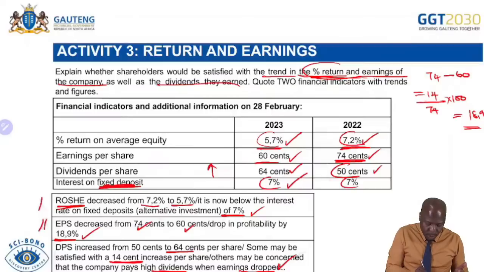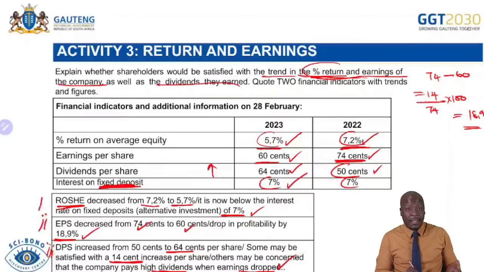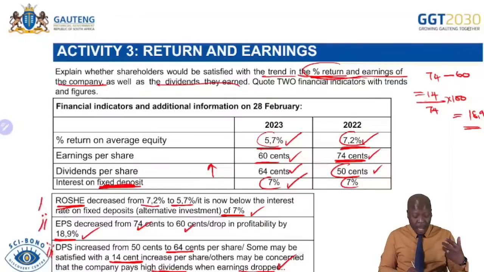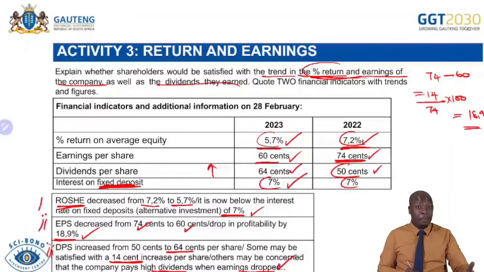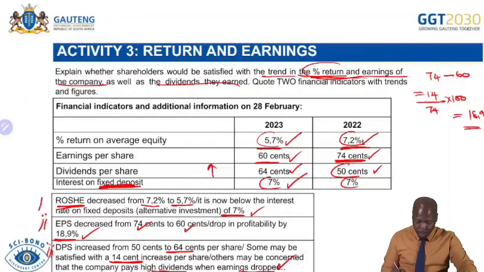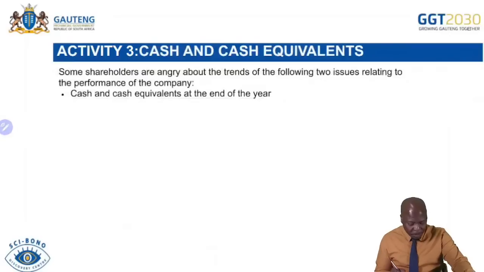And then number three, we are looking at the DPS, and we're also seeing what is happening. As you can see, the DPS has increased. Some may be happy, some may not be happy. Why? Because they're giving more dividends instead of retaining. All right. And then let's quickly now go on to the next question.